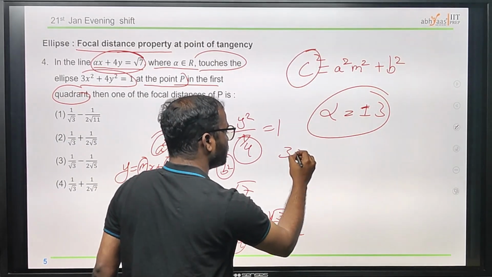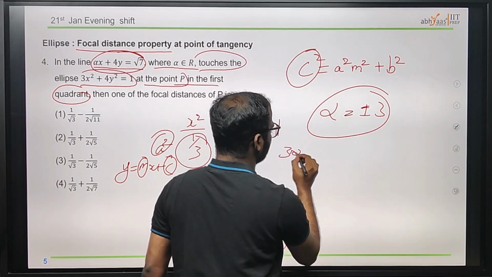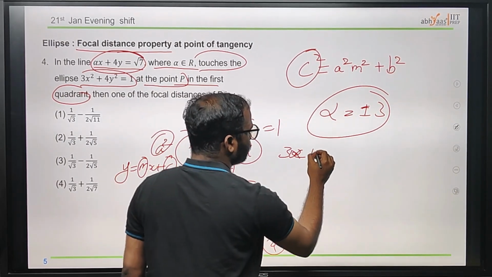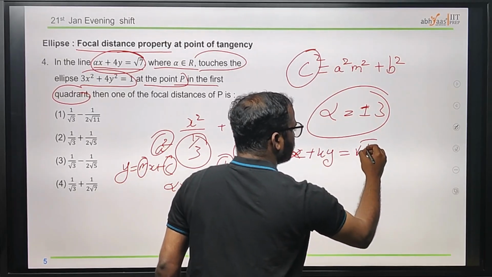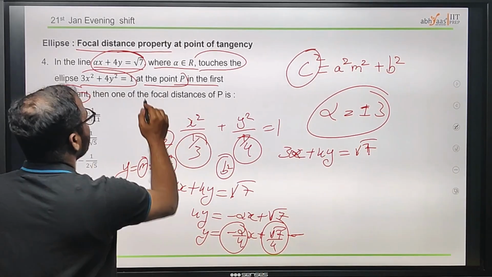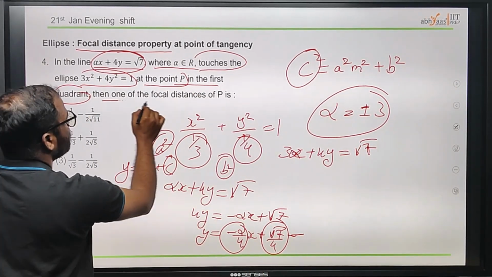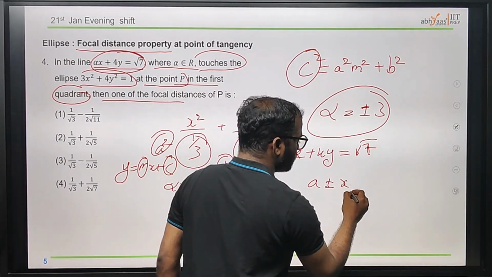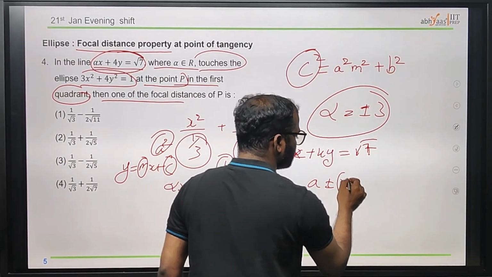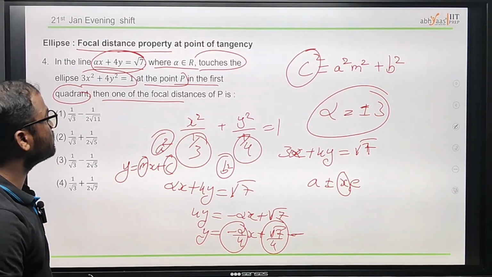Therefore we have 3x plus 4y is equal to root 7. Now we know another thing: they said at point P in the first coordinate, one of the focal distances is a plus or minus x1 e. What is this x1? We need to find that x1. How can we find it?